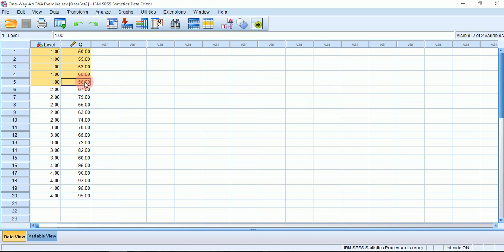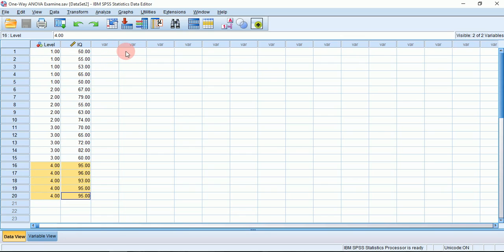The second group, which I defined as 2, have passed their graduation. The third group, defined as 3, have passed their post-graduation or masters. And the last group, defined as 4, have completed their PhD. So now I want to know whether IQ score depends on level of education.